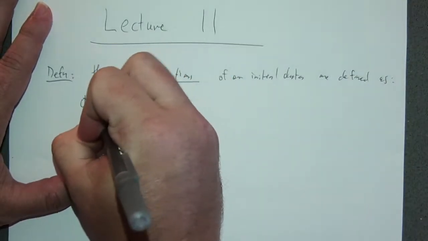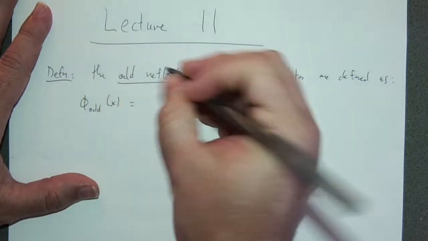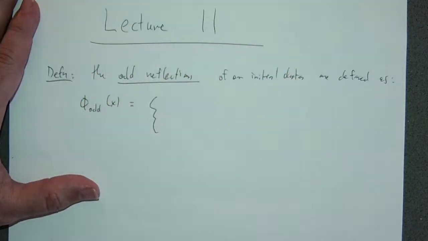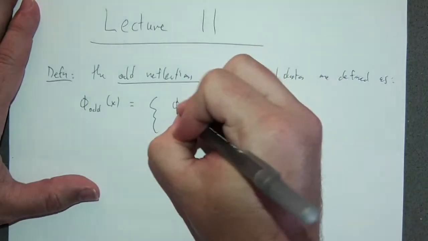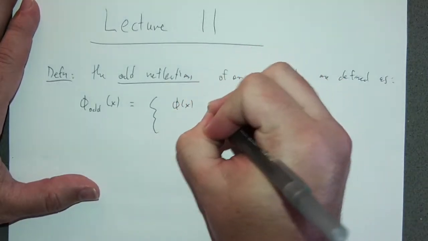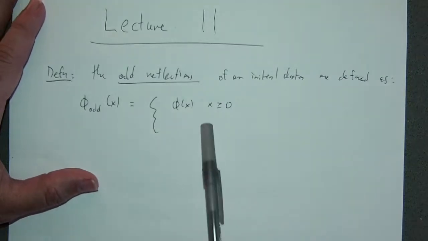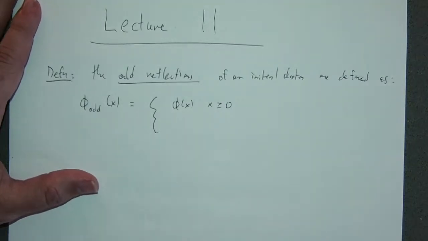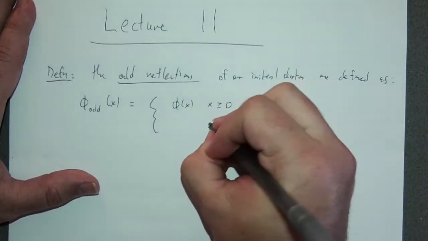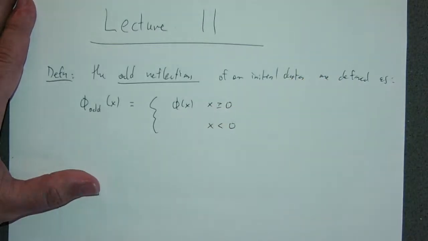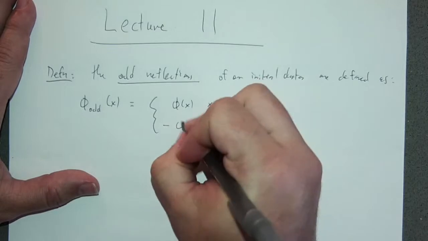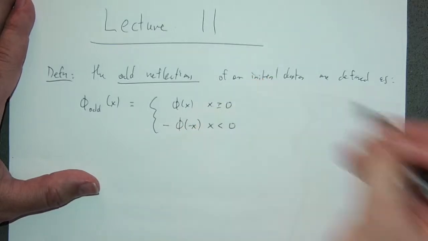phi odd of x is, well, it agrees with phi where phi is currently defined. And if I want this thing to be odd, then when x is less than 0, I want this to be minus phi of minus x.